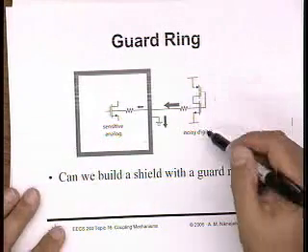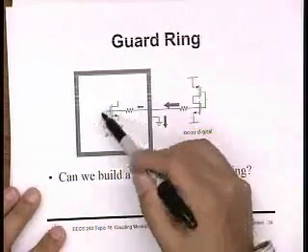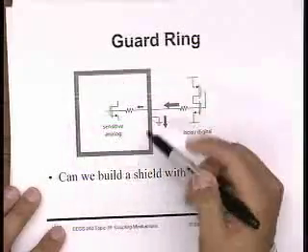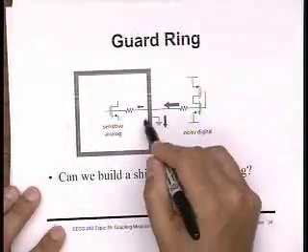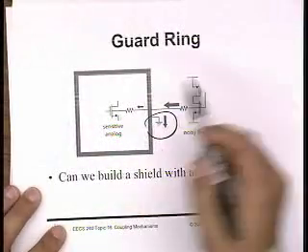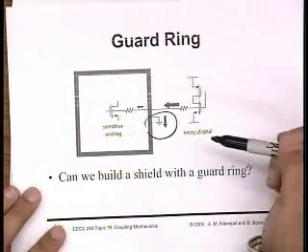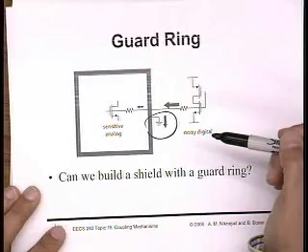So here there's a noisy digital circuit, and this is a sensitive analog circuit. If I could somehow put this in a box, a cage, and then ground my cage, very importantly, then all the current flowing here would just hit my cage and go to ground. It wouldn't go into my sensitive analog circuit.